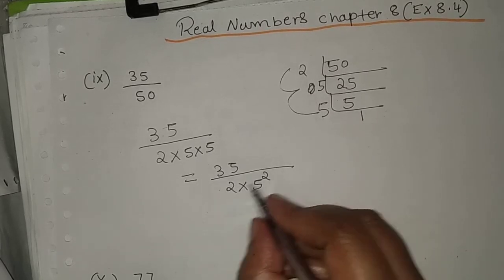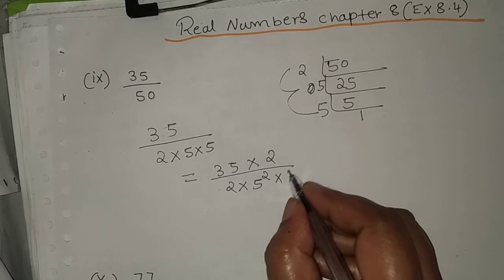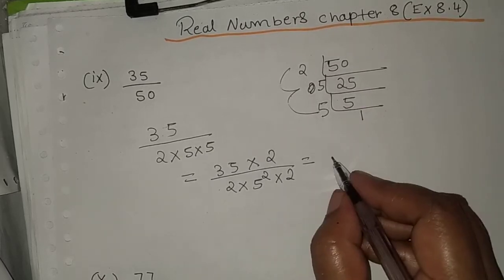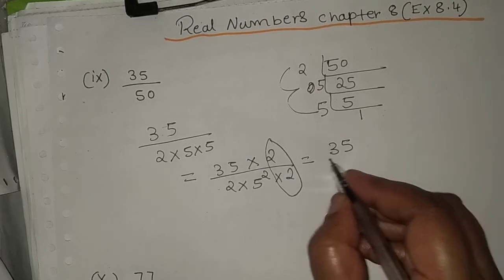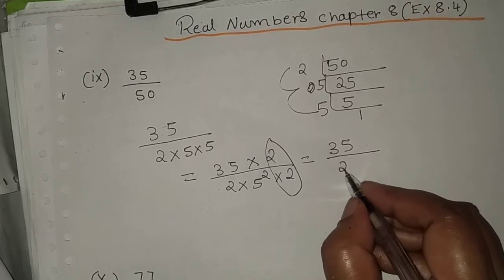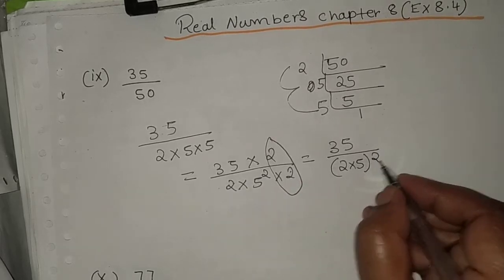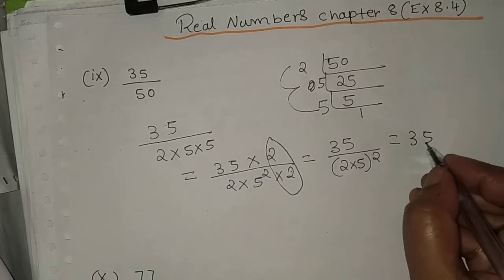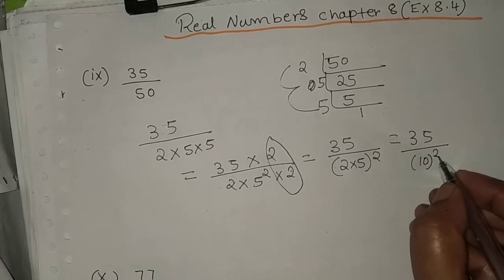So now we have to add one more 2 here and here. So we get 2 added. Therefore 35 into 2 by 2 square into 5 square. The whole square we get 35 into 2 by 5 into 2, 10 square.